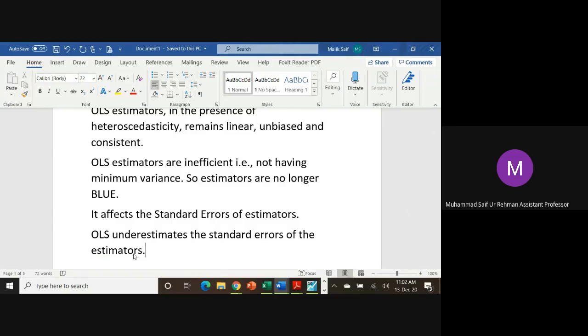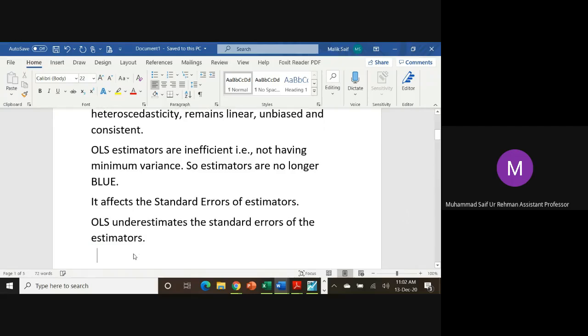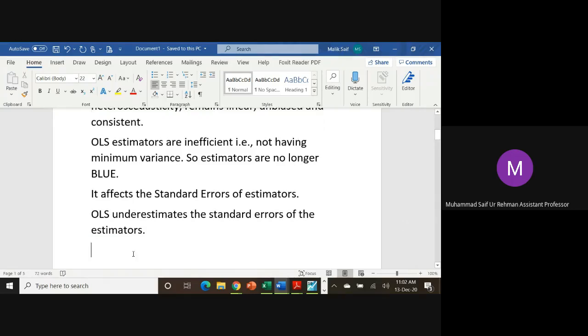And what else? If heteroscedasticity is there in the model, we may have higher values of the T and F statistics. You are familiar with T and F statistics. So higher values of T and F statistics may result if heteroscedasticity is there.